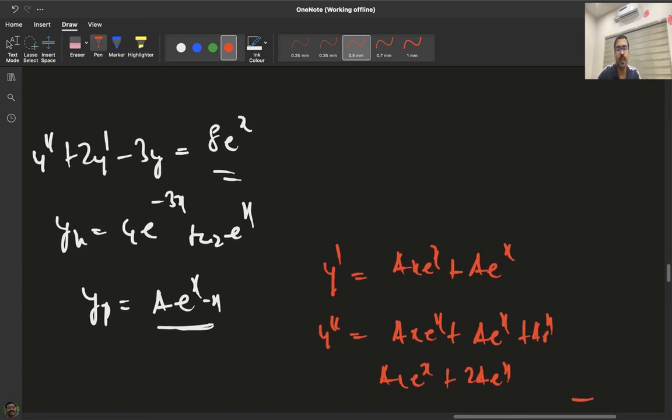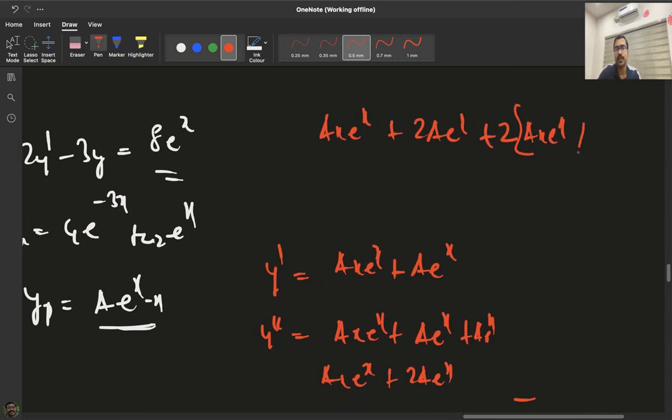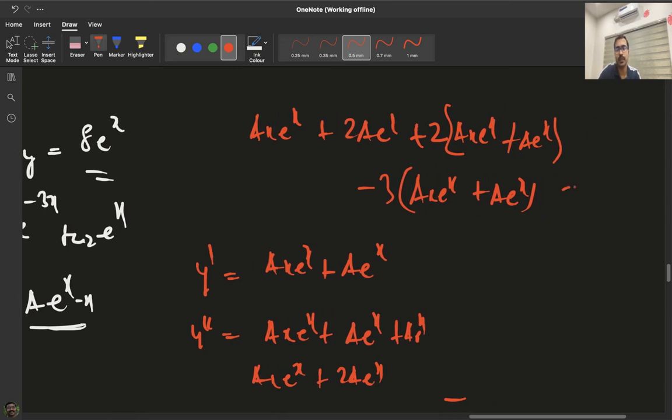Now we'll substitute everything there. So it will be a x e raised to x plus 2a e raised to x, plus 2 into a x e raised to x plus a into e raised to x, minus 3 into a x e raised to x, plus a e raised to x, and assume that this is equal to 8 e raised to x.